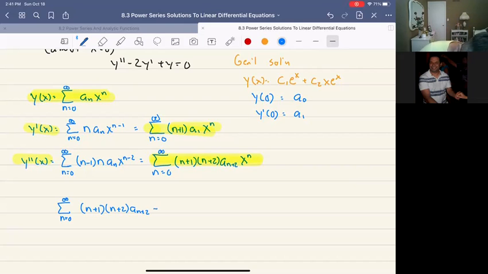I'm going to write minus 2 y prime, n plus 1, a sub n plus 1, plus the y, a sub n, and then they all get the x to the n, n equals 0. So this is representing y double prime minus 2 y prime plus y equals 0.